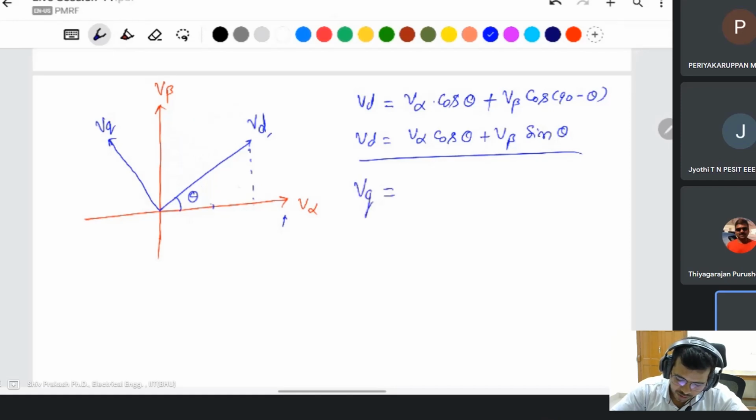And what is Vq? Then forget all of that. Same thing applies for the V alpha. And what is the angle? What is the effect of V alpha on Vq? And what is the angle between them?